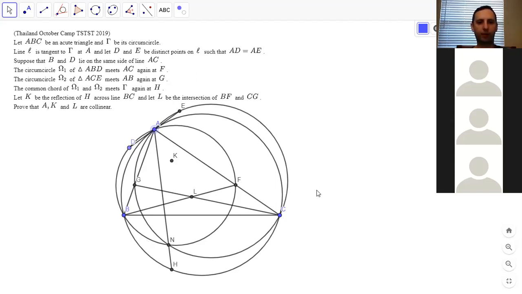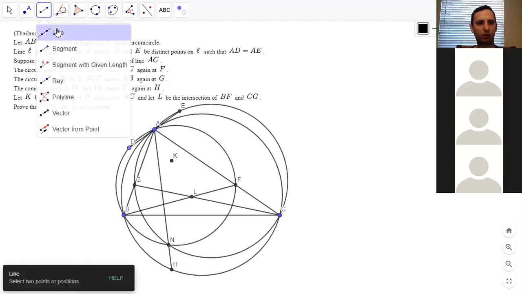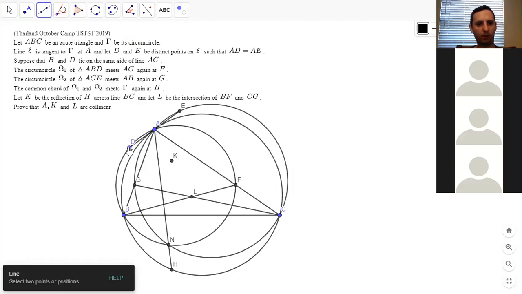So maybe that helps somehow. So yeah, is there any way we can use that? So let's see. They have the same power.